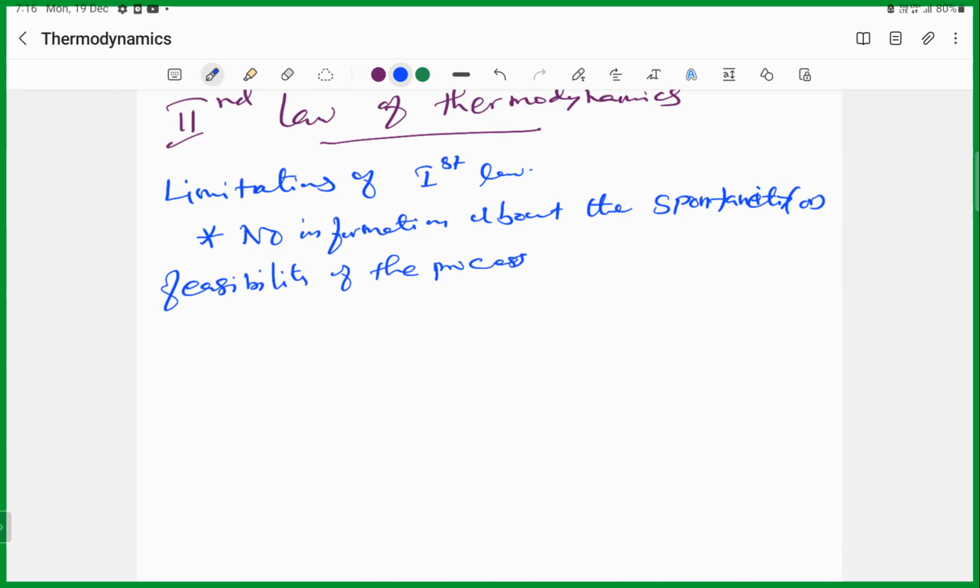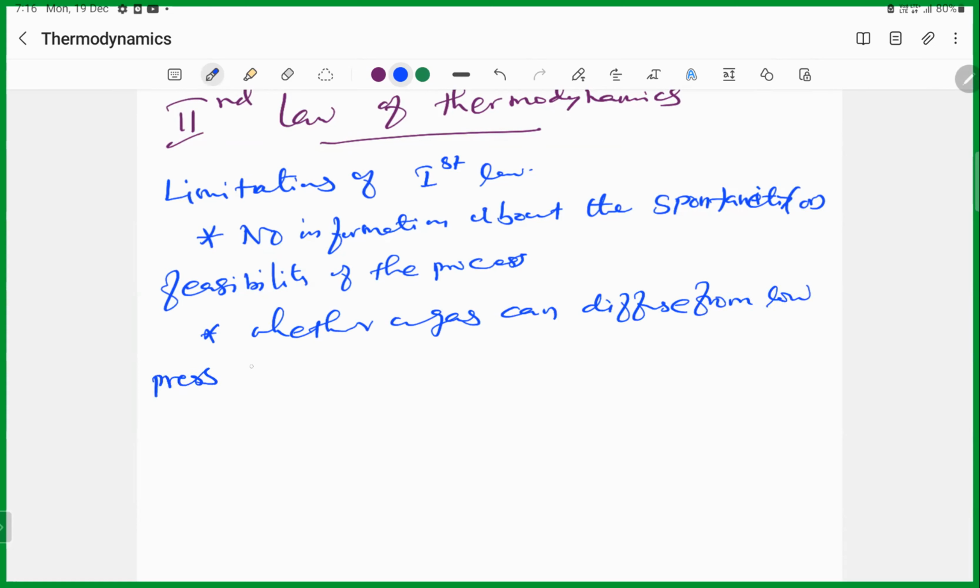In the same way, the first law does not tell whether a gas can diffuse from low pressure to high pressure, or whether water can by itself run uphill.